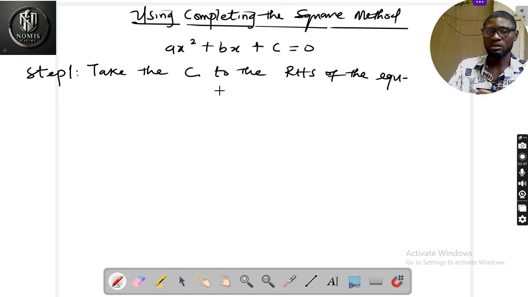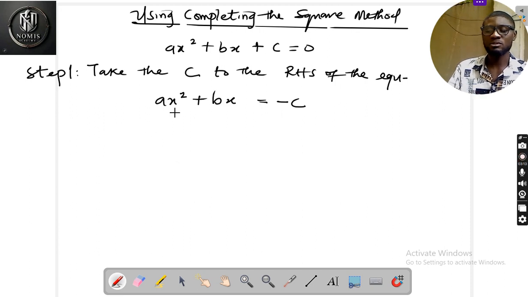Remember, what we are doing now is completing the square method, and I just told you what we are going to arrive at, that this form of quadratic equation will give us the almighty formula, and the process is completing the square method. The process now is to make x the subject of the formula. So this becomes ax squared plus bx equal to minus c.